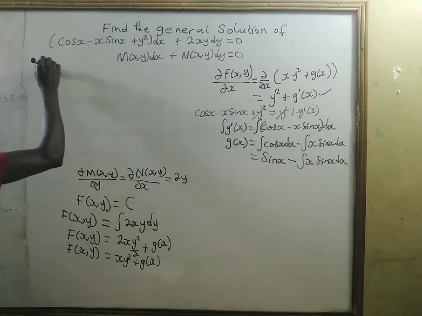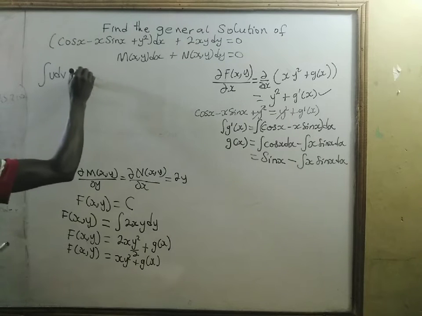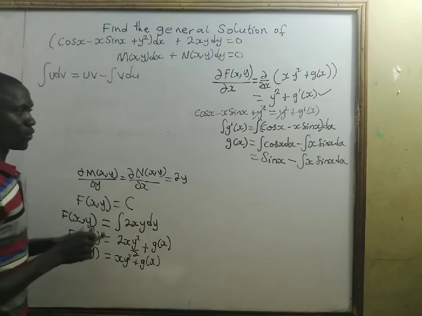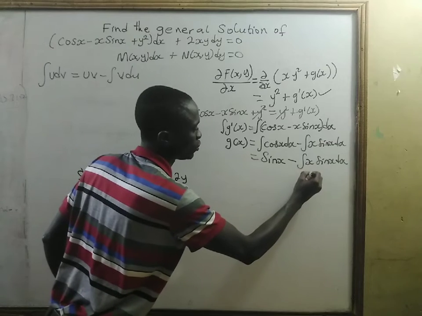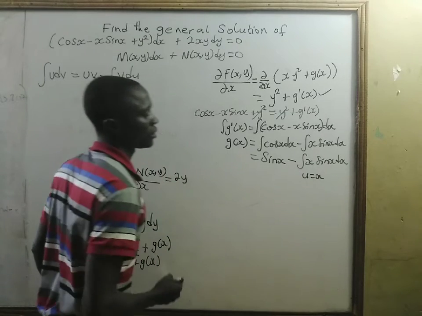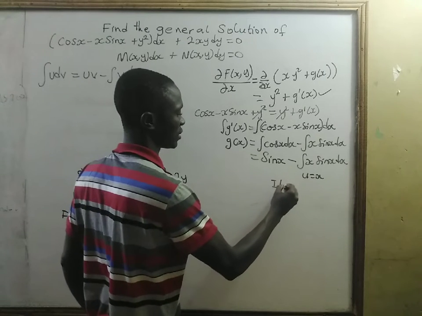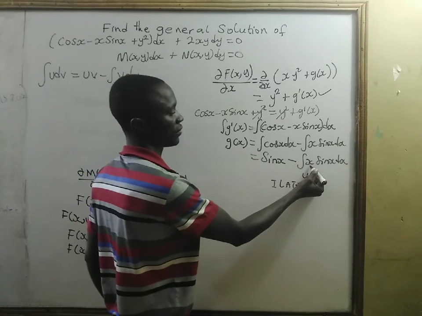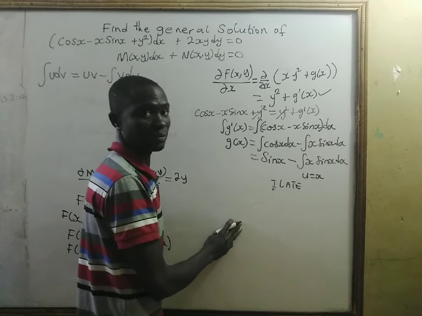Now we have the integral u dv is equal to uv minus the integral v du. So for this integral, x is easy for us to differentiate, right? We let our u equal to x. If you have an integral of this form, you check if you have an inverse trig function.